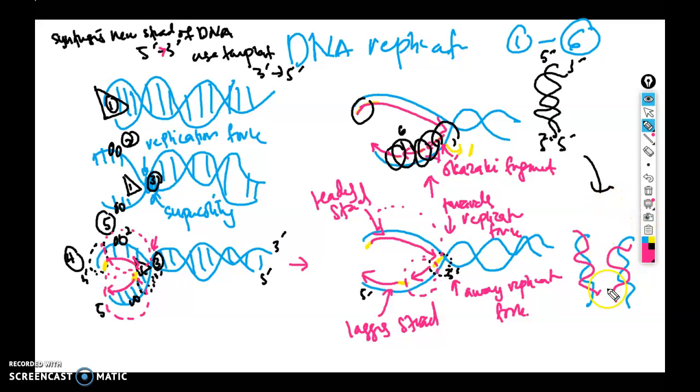Two identical DNA molecules, and each consists of an old and a new strand. This follows the semi-conservative model.